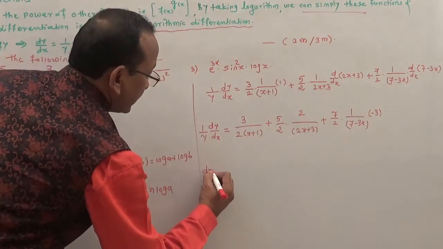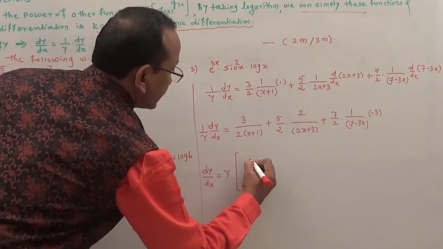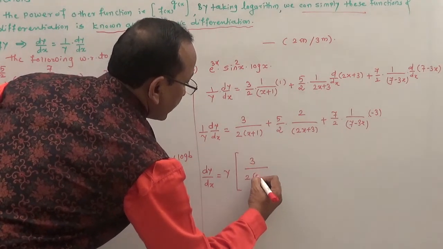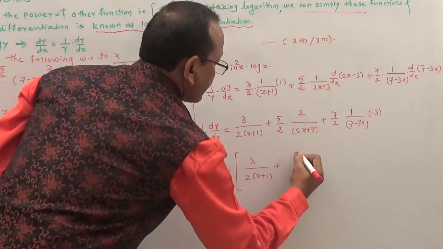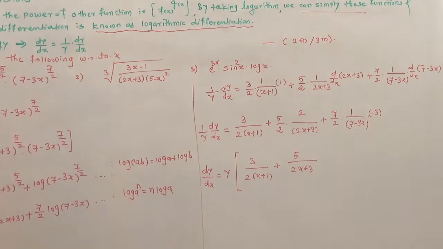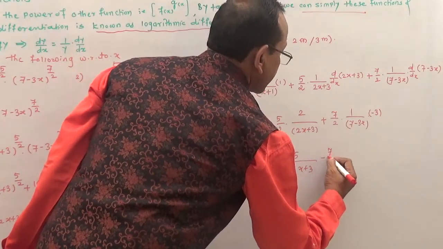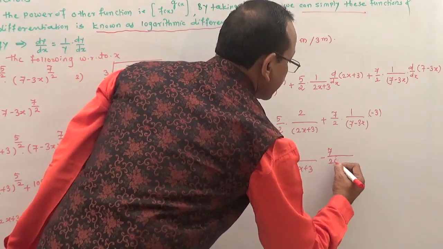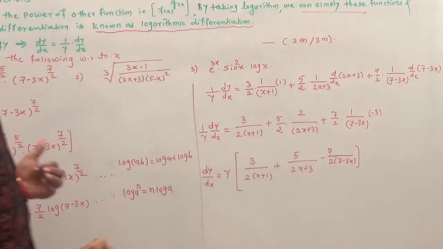So dy by dx is equal to y times 3 upon 2(x plus 1) plus, the 2 cancels, 5 upon (2x plus 3), minus plus minus 7 upon 2 times (7 minus 3x). Now substitute the value of y.